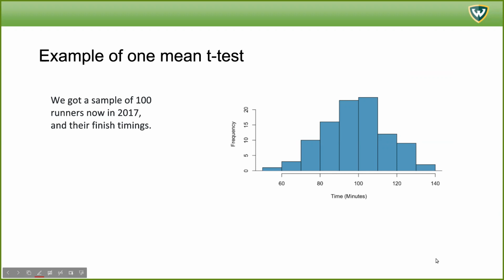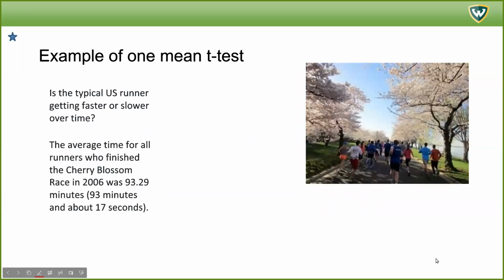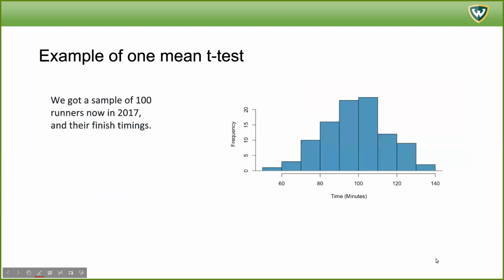That's what we're measuring here. 93.29 minutes is the amount of time it takes a person to finish, the average in 2006. Now we got the data for 2017, and we created a histogram for that information.